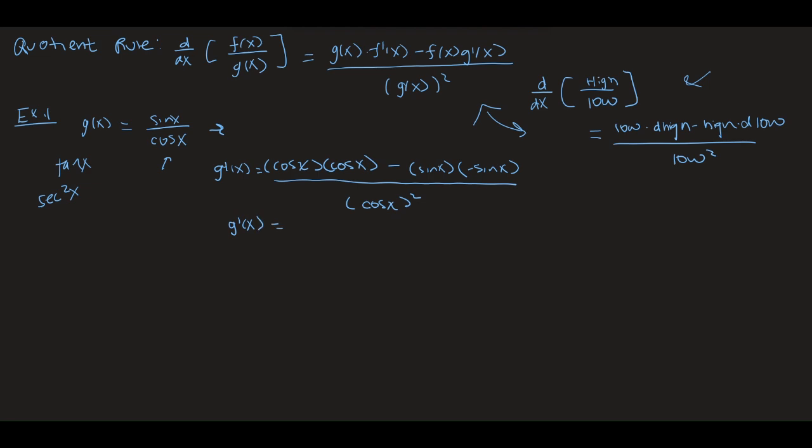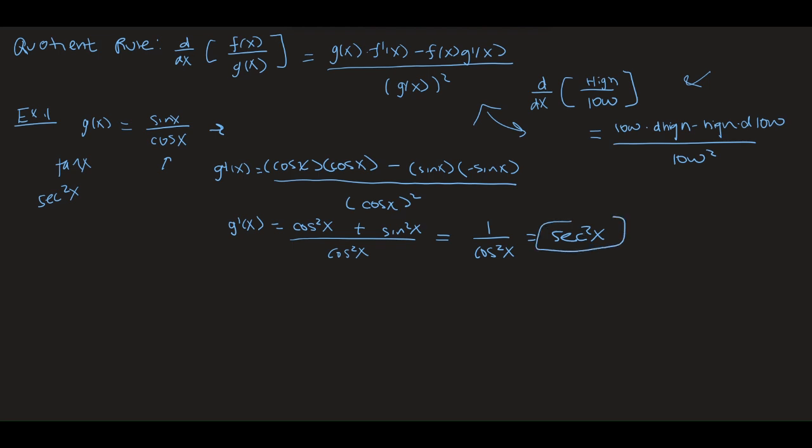So simplifying this a little bit, we have cosine squared x plus sine squared x over cosine squared x. And from our trig identities, we know that cosine squared x plus sine squared x is equal to 1, so this is 1 over cosine squared x. And there is our verification that the derivative of tangent x is secant squared x.